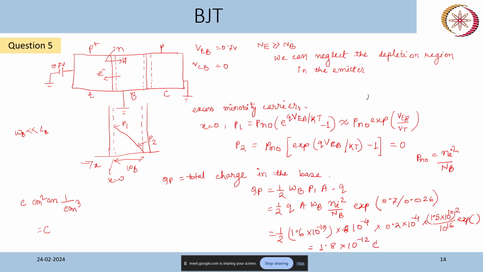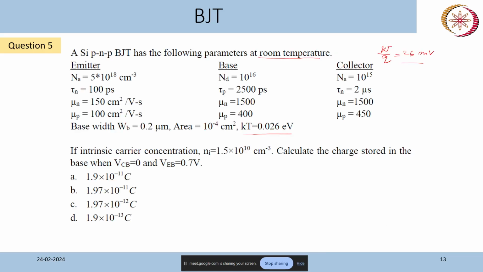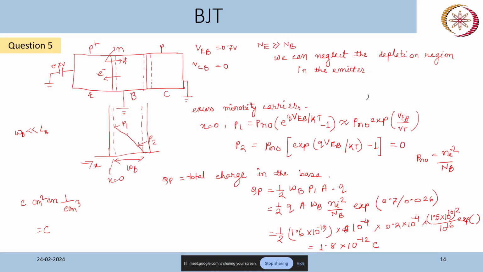Okay, you can check the calculation. There might be some error because the answer is given as 1.97 into 10 to the power minus 12. So the correct answer is C. Might have done some mistake in the calculation, but the order is correct. So that is 10 to the power minus 12 coulomb. Okay, but the process to calculate the charge stored in the base region is this.